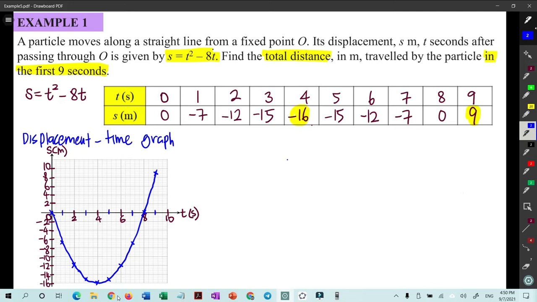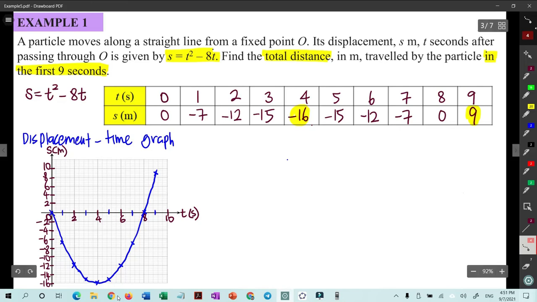Let's see how to find the total distance traveled for the first 9 seconds based on the displacement time graph. The distance traveled by the particle for the first 4 seconds is 16 meters, and the movement is towards left. For the next 4 seconds, the particle moves another 16 meters, but in this case it's moving towards right.